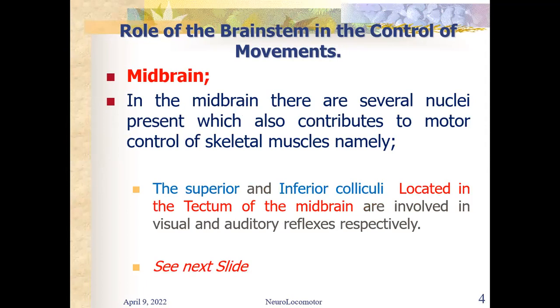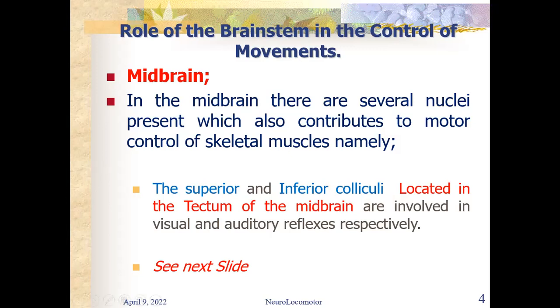So in the midbrain, we have several nuclei present, which contribute to motor control of skeletal muscles. Those nuclei, for example, the superior and inferior colliculi, are located in the tectum of the midbrain, and they are involved in visual and auditory reflexes respectively.